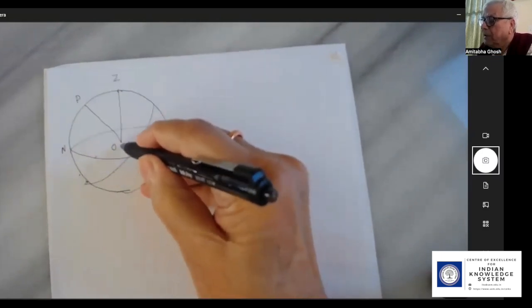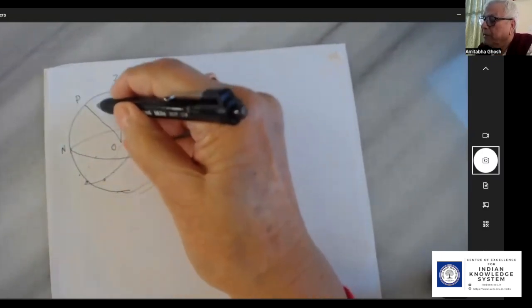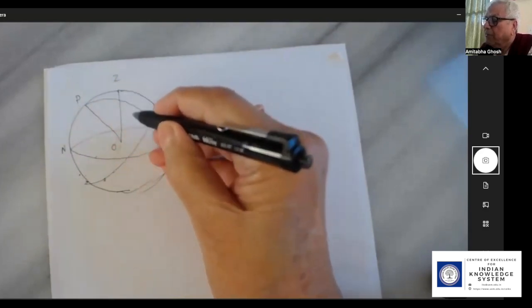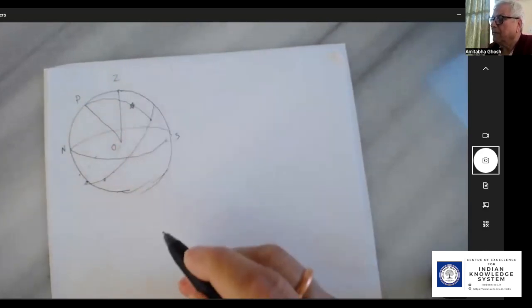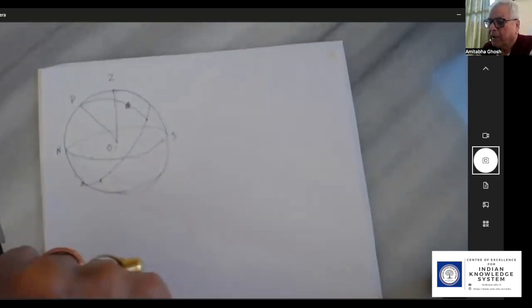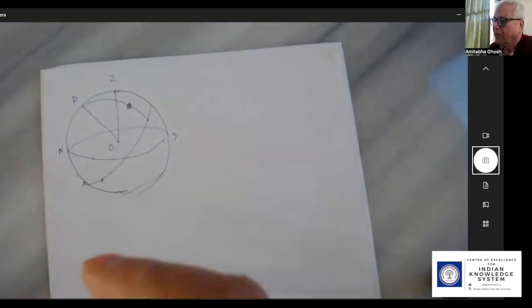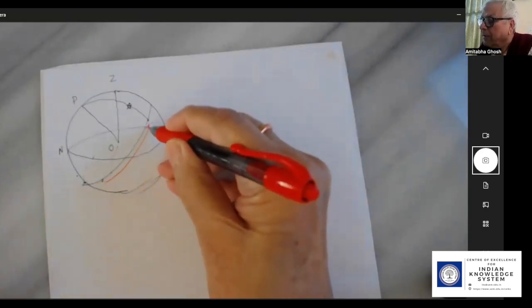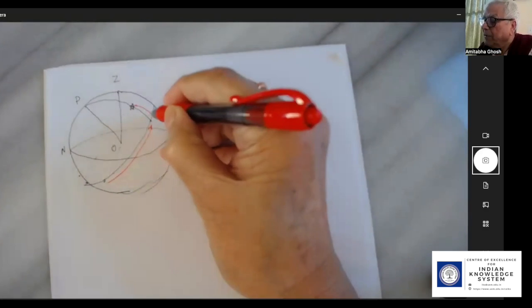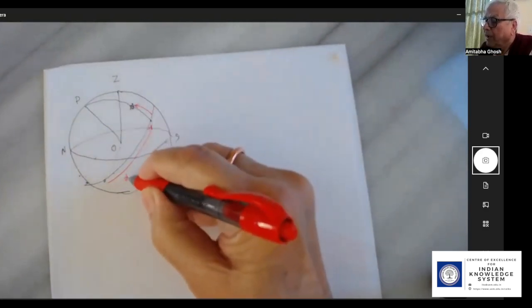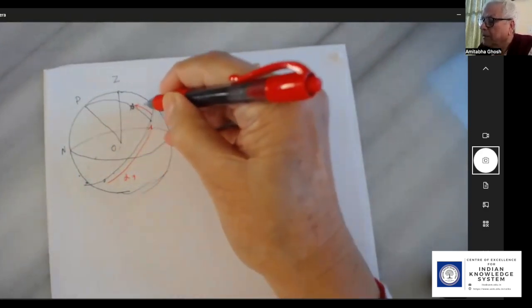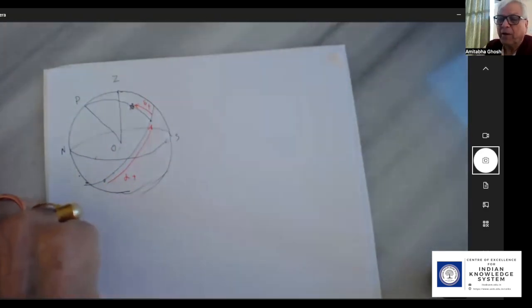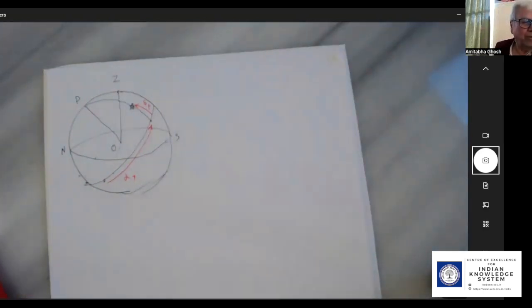Say this is the reference, and you have been given the object's position here. So in the equatorial system, this will be given and this will be given. This is the right ascension alpha and this is the declination delta. What you have to find out are the coordinates in the horizontal system so that you can set up your telescope.